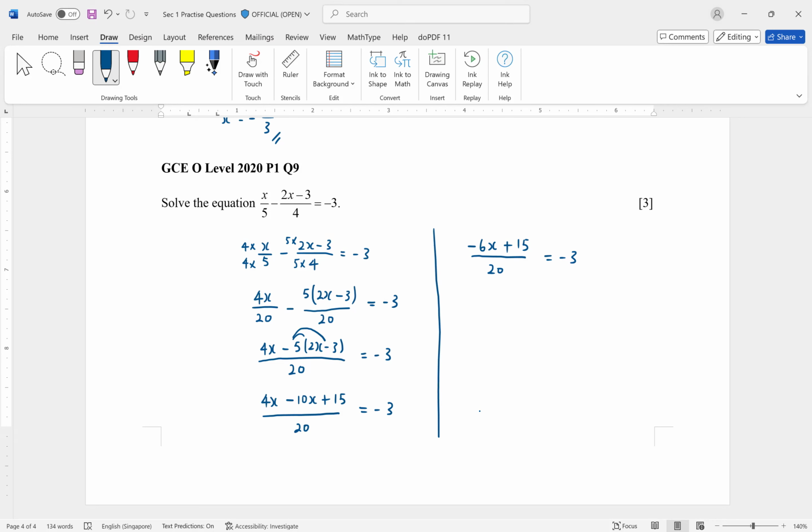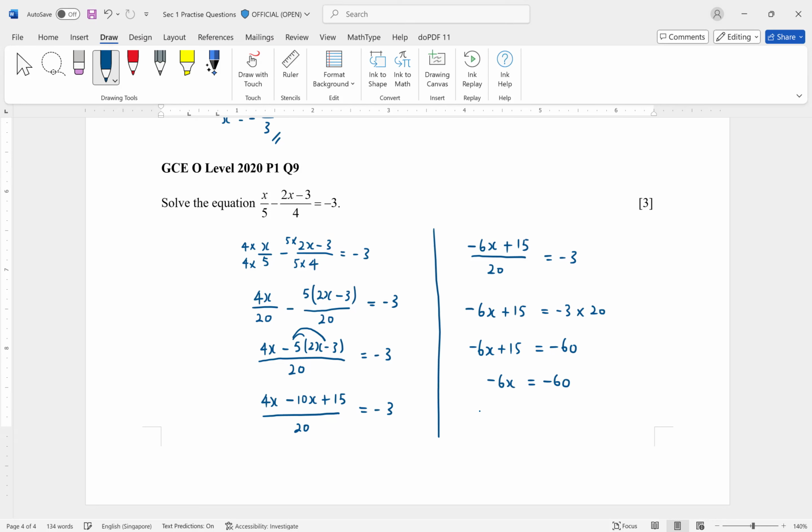It's a divide by 20 on the left side, so it goes over to the other side and becomes times 20. So we're going to get this. Then let's simplify the right side first. So negative 60. Going to bring the positive 15 to the other side.